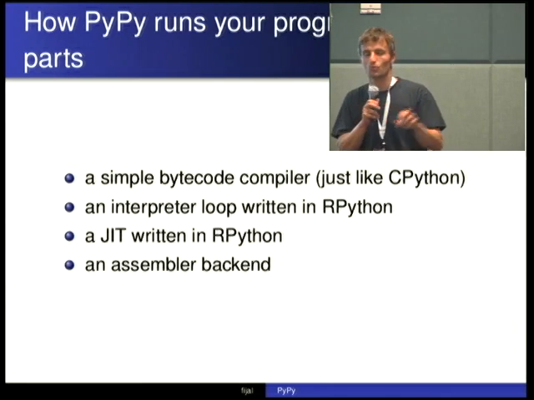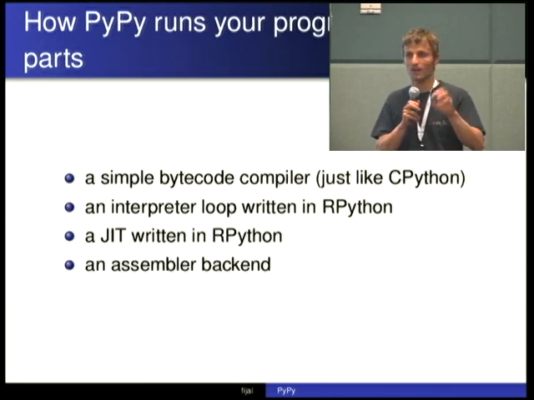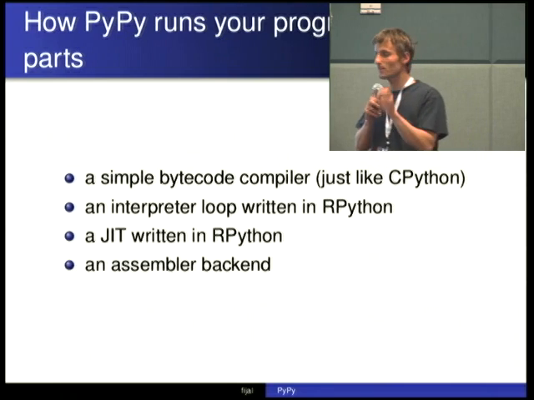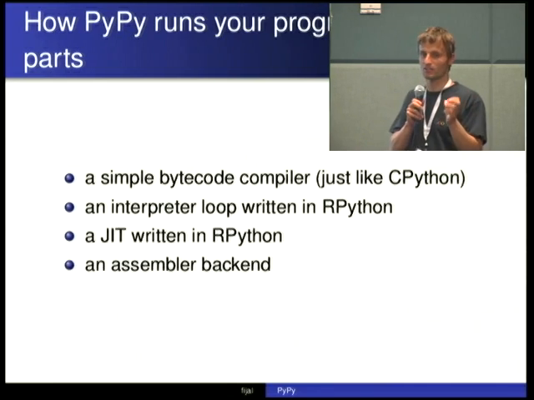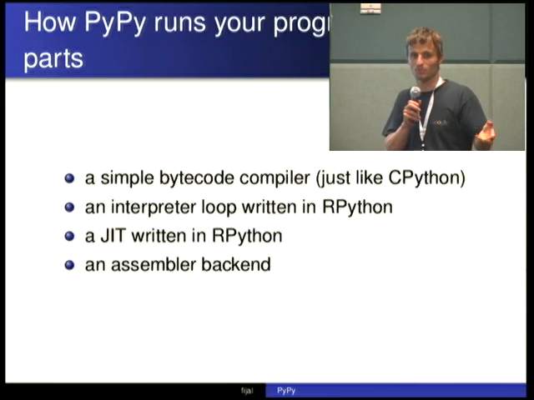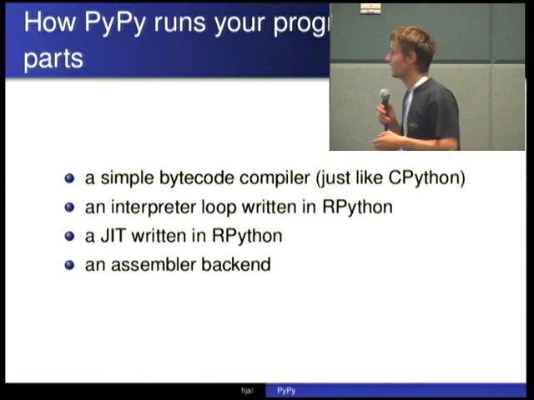The crucial part is we have a description of the interpreter written in a high-level language. And that gives us quite some possibilities that are relatively hard on CPython or any sort of VM that's written in C, because we are able to analyze the entire interpreter.